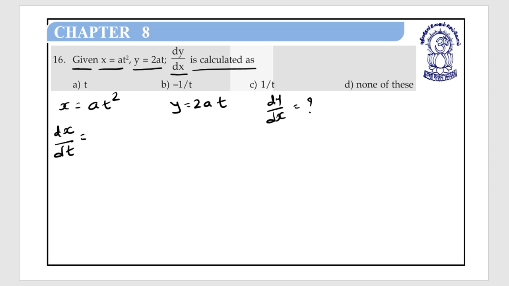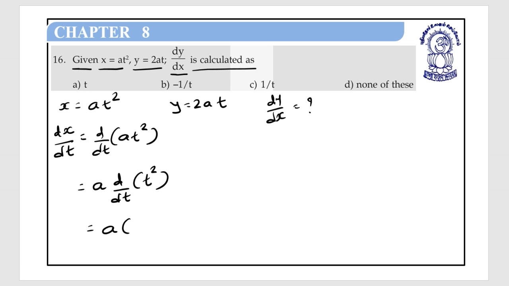So d by dt of at square, a common, d by dt of t square. d by dt of t square means 2t, so it is 2at. The formula for d by dx of x raised to n is n into x raised to n minus 1.